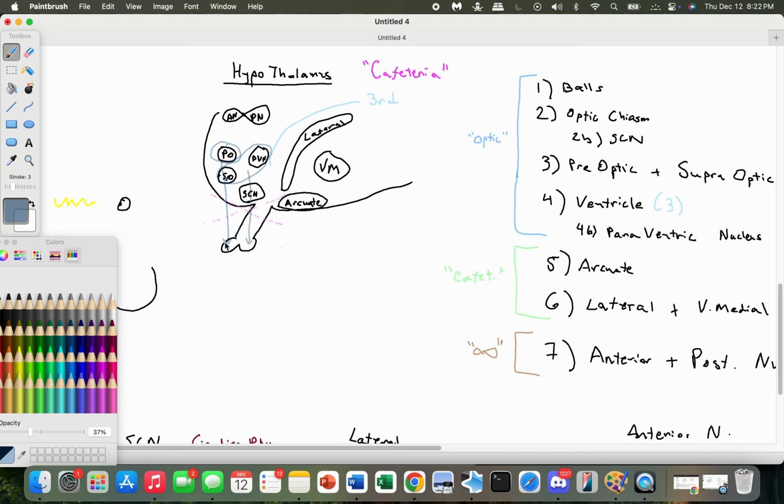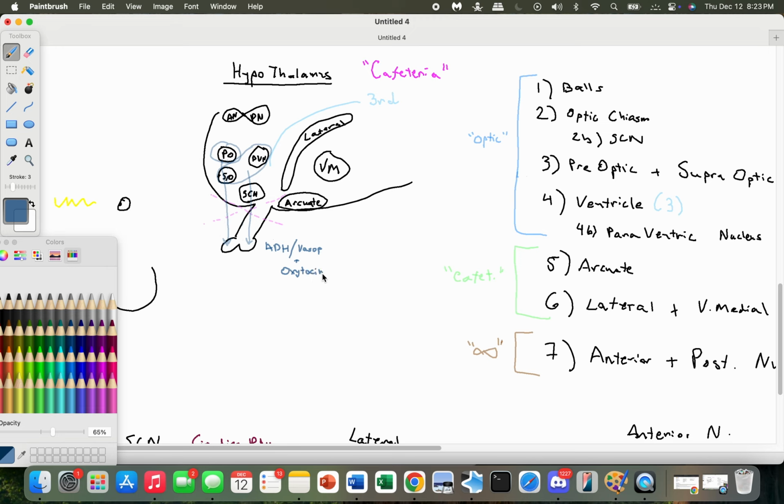Does this not correlate to the pituitaries? Yes, it does. So this is our posterior pituitary, and that's grouped with our supraoptic and paraventricular nuclei. Well, the function of the posterior pituitary is to synthesize ADH, or vasopressin, as well as oxytocin.